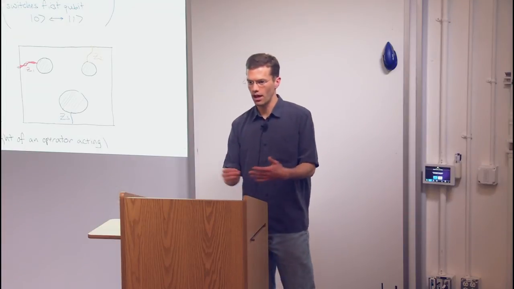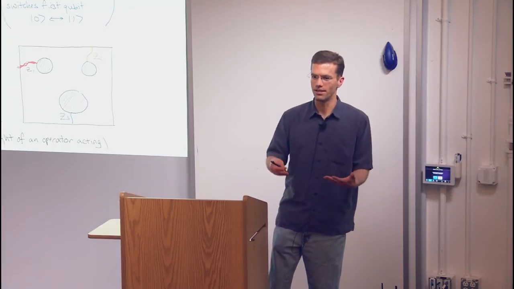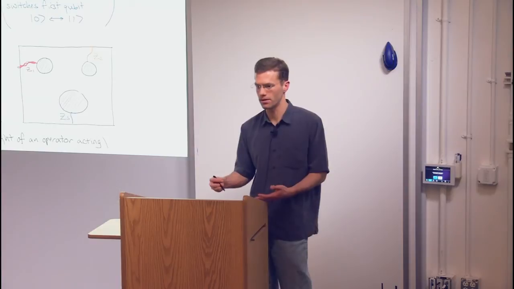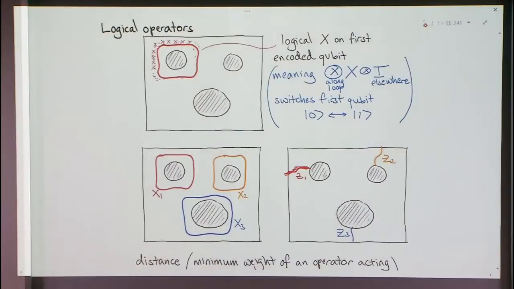If that parity is odd, then there's an odd number of things going around the hole. If it's even, then there's an even number. So that's actually the logical Z operator for the first qubit. It's just measure the parity of all the qubits along some path from the boundary to that first hole. That tells you whether it's logical 0 or logical 1.